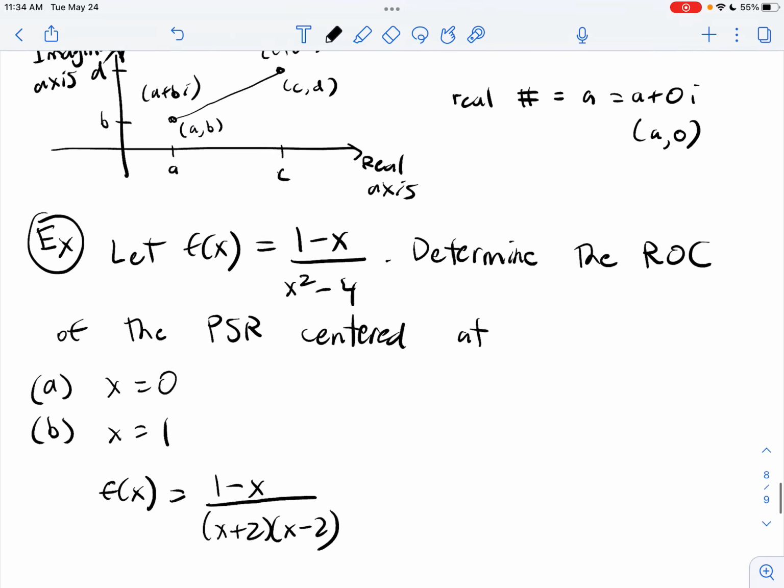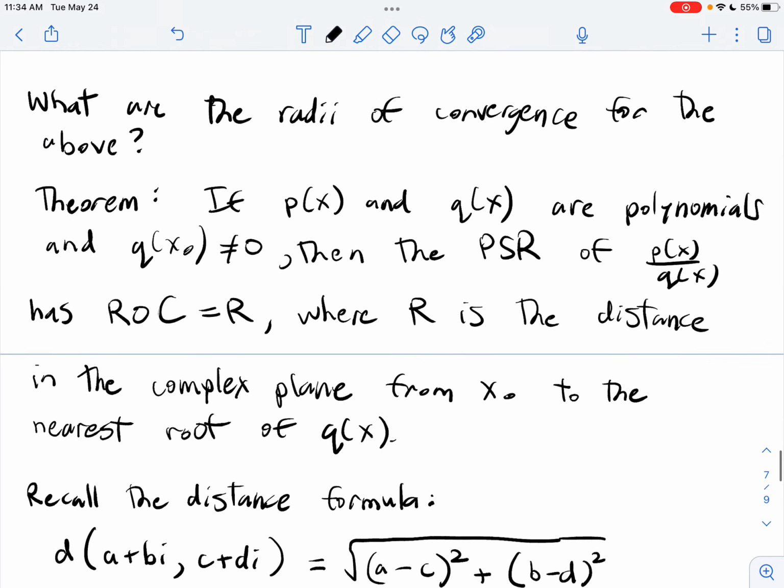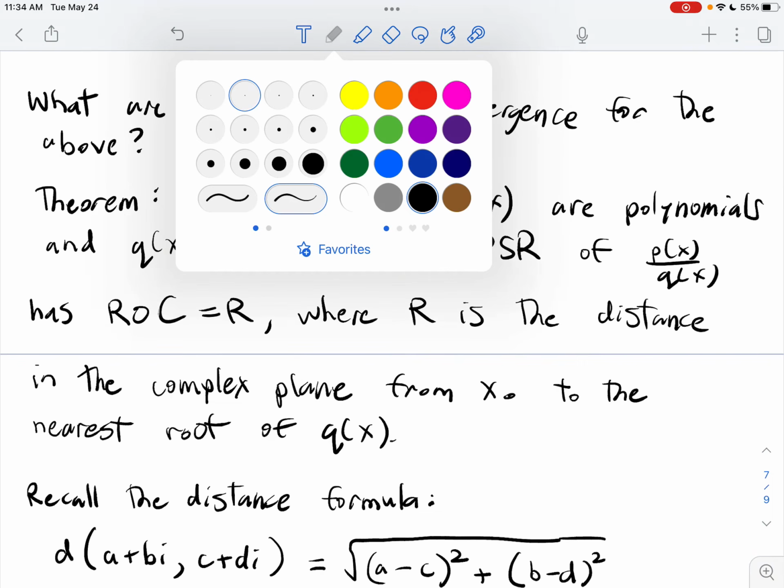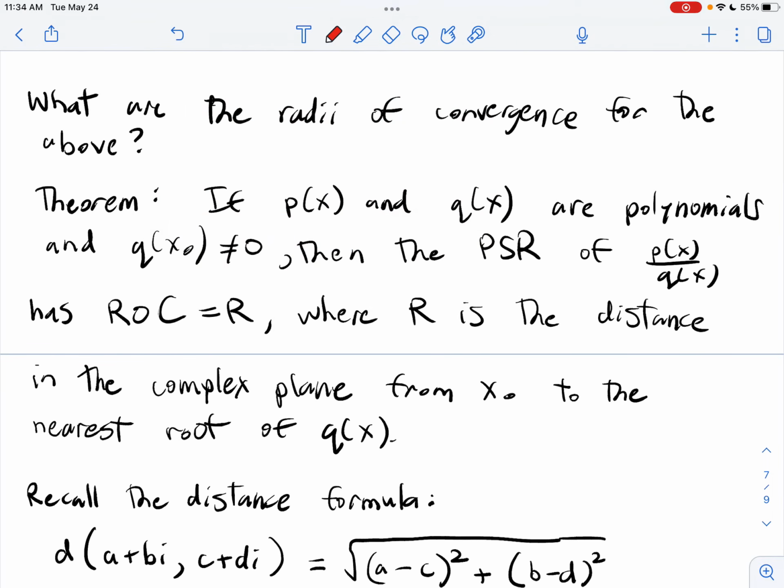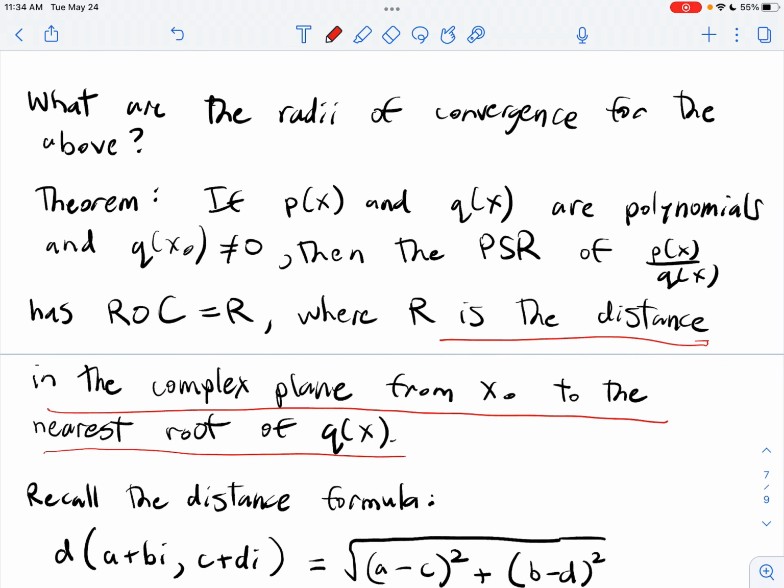So that tells us, if you recall our theorem says, to find the radius of convergence, we need to find the distance. I'm going to underline in red here. We need to find the distance in the complex plane from x naught to the nearest root of q of x. You may wonder how we know which one the nearest root is. Sometimes it's obvious, but it won't be obvious if they're complex numbers, okay?